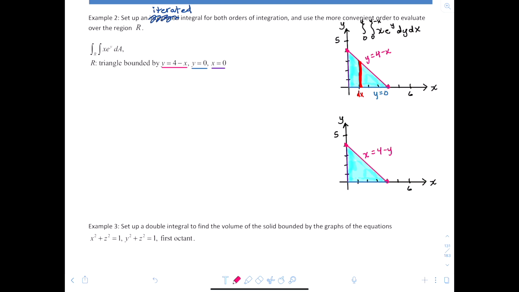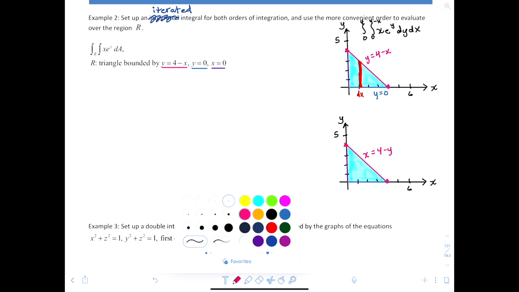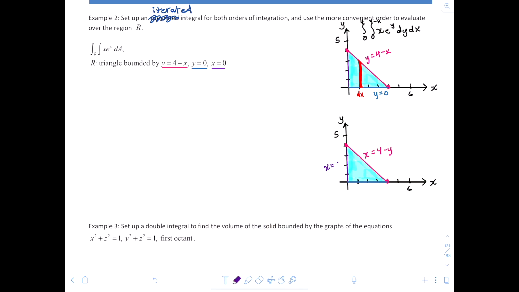And so you would be looking at the purple one, x equals 0, and this is the horizontally simple one. And so our integral would then be the integral from, again, 0 to 4, and then we'd be going from 0 to 4 minus y along our x. So then we'd have x e to the y dx dy. Cool, cool?